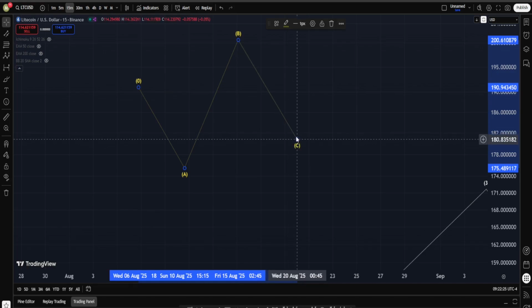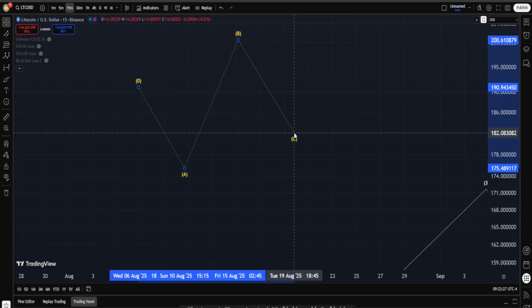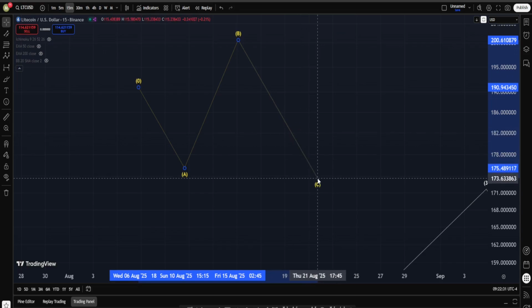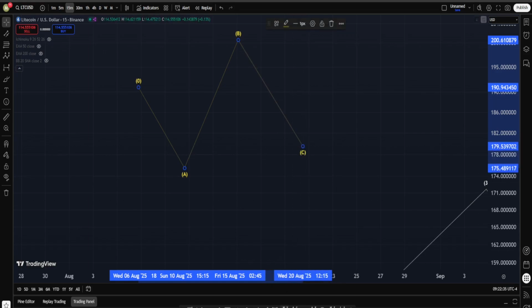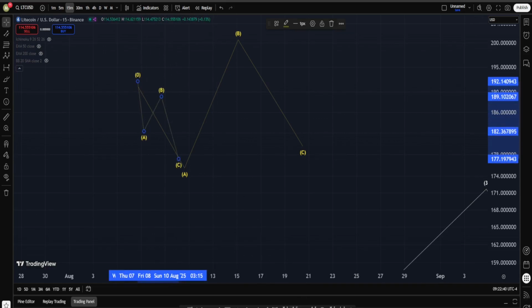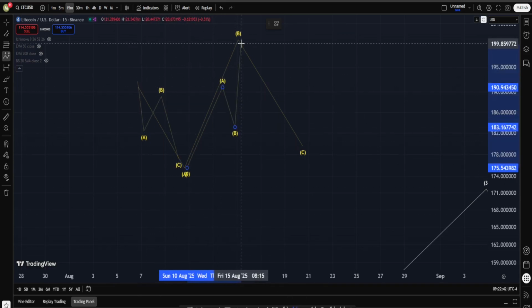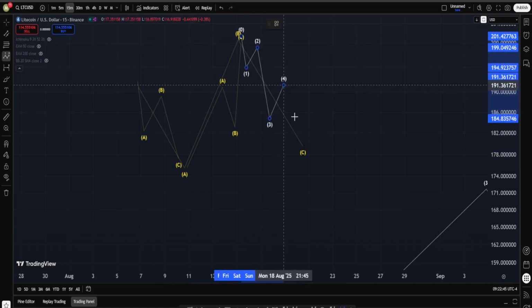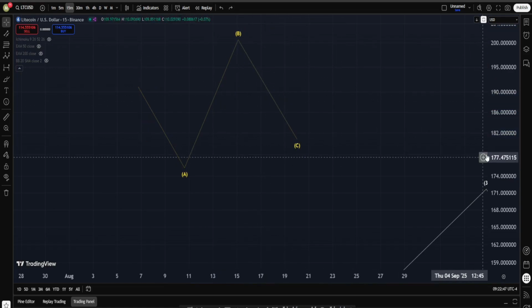In case in this phase we are not going to take the low of our A leg, fair enough, this pattern is called a running flat. On the other hand, if we end up taking it, it's called an expanded flat. Nonetheless, the subwaves for both of these corrections are absolutely the same: ABC into A, ABC into B, followed by a 1, 2, 3, 4, 5 down into C.